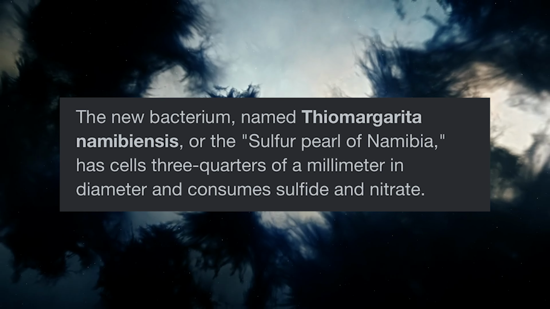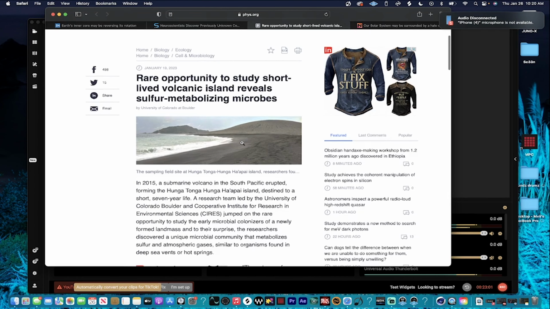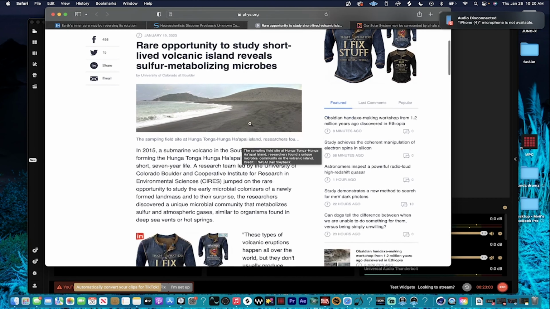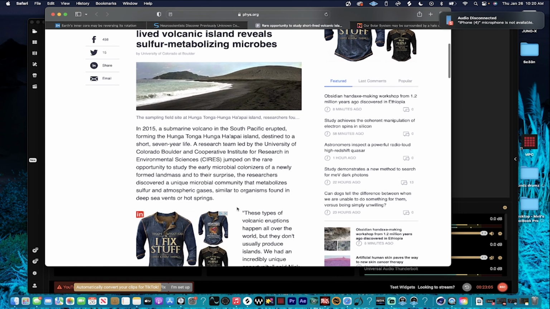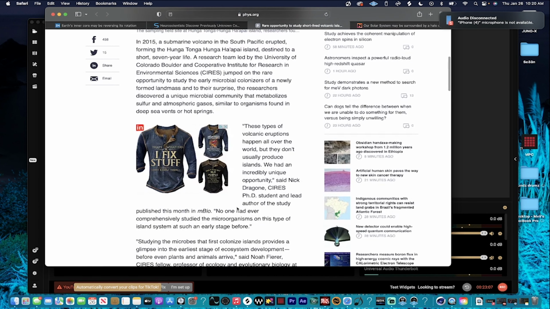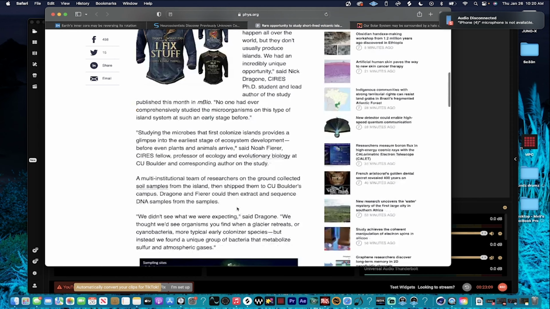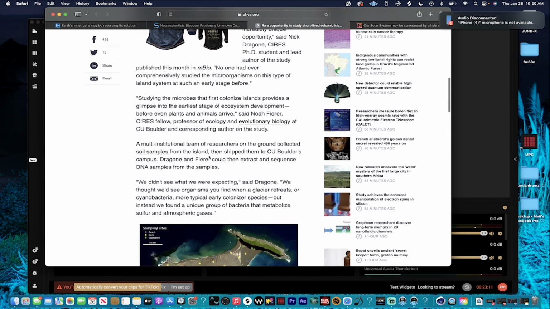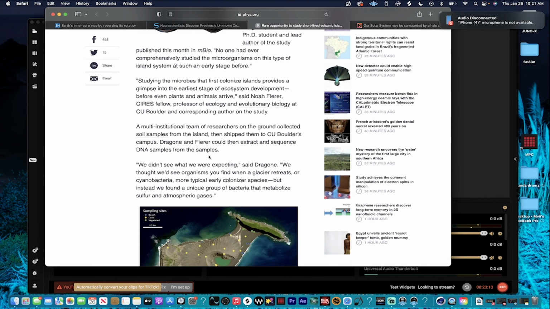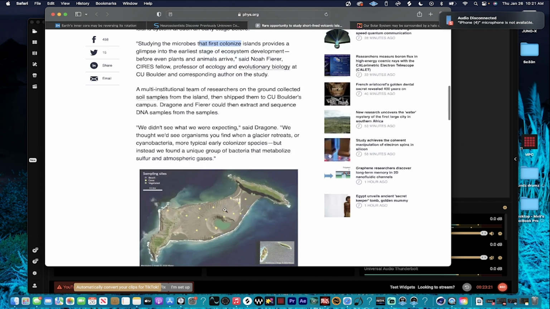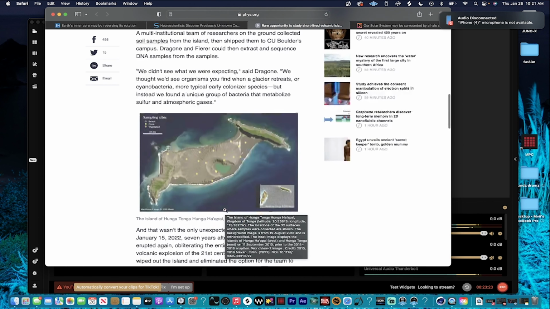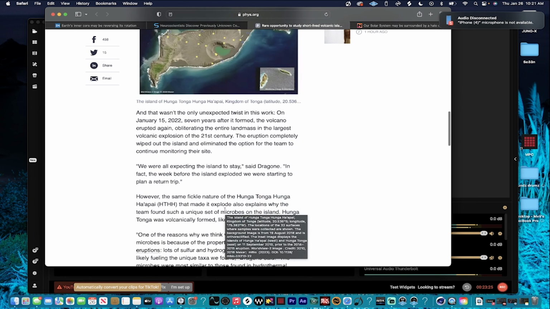Now, this erupts pretty much. They go over there, localize some of the areas and start studying the microbes because they believe that some of these microbes were the first ones to colonize this island.